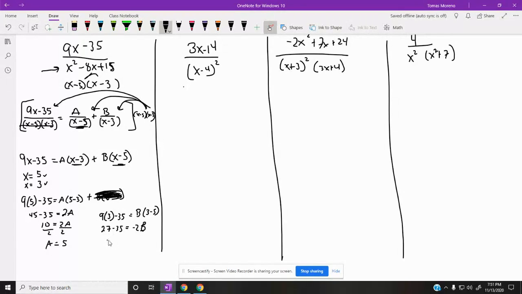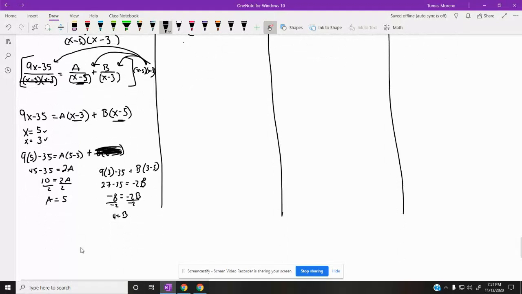So right here I have -8 equals -2B. Divide by -2, divide by -2, and 4 equals B. So that means my partial fraction decomposition, oh my gosh, I can't say that.